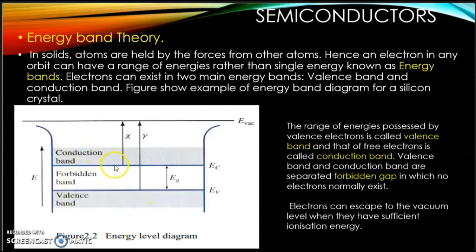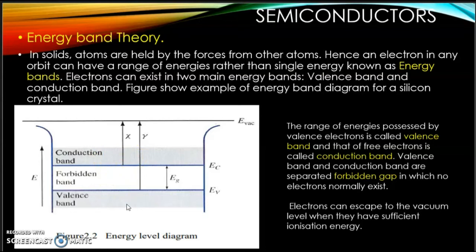We will use this diagram here to explain the energy levels we have in the energy band theory. When we look at this diagram, we have the valence band, we have a forbidden band, and we have a conduction band. What do I mean by a valence band, a forbidden band, and a conduction band?